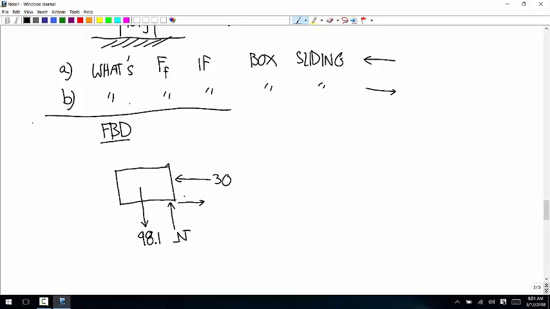This time I'm just going to write it in as the coefficient times the normal.